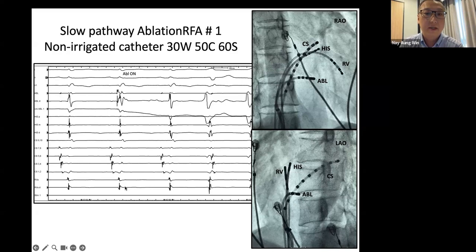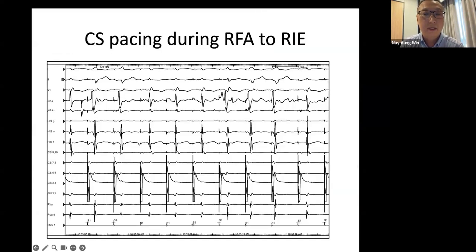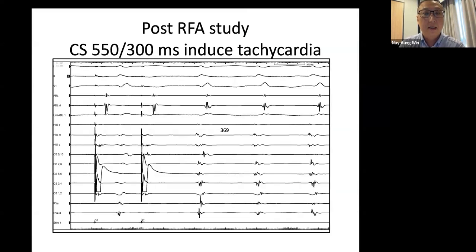Just after starting the ablation, there's a junctional automaticity. So we paced from the CS to monitor the VA to V connection. But post RF, tachycardia was readily induced with the CS 550-300 milliseconds and earliest at the His.